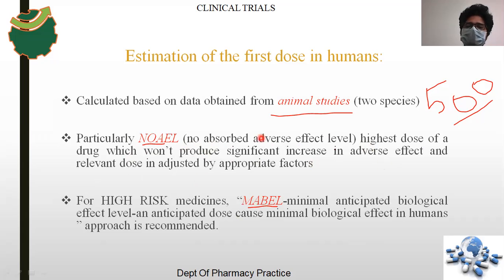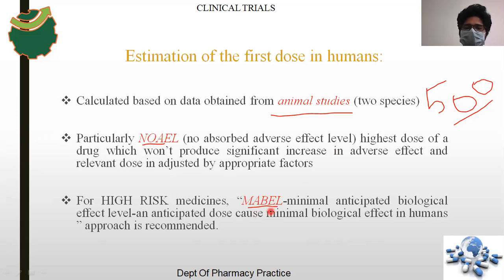This is the highest dose where it won't produce any adverse effects. Suppose 4 grams of paracetamol is a normal dose per day, above which it's going to cause certain side effects. That is the NOAEL dose, meaning at that level they are not observing any adverse effects.